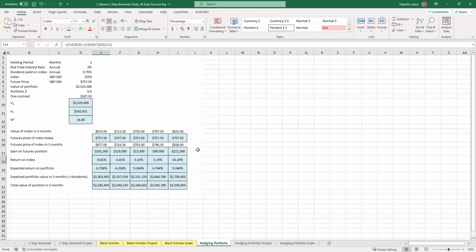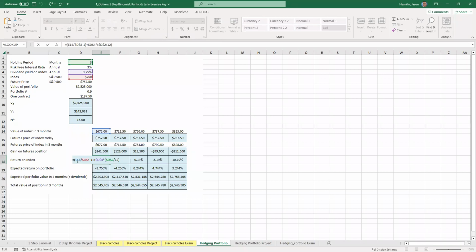So we're going to calculate here. How do we go about that? We're going to start with E14. If you look at it here, E14, that's the value of the index at 675.